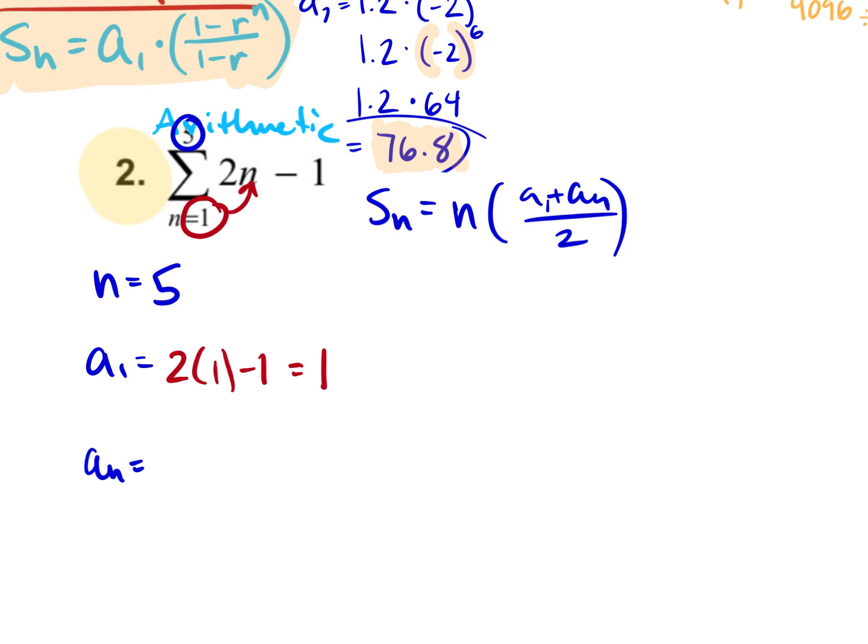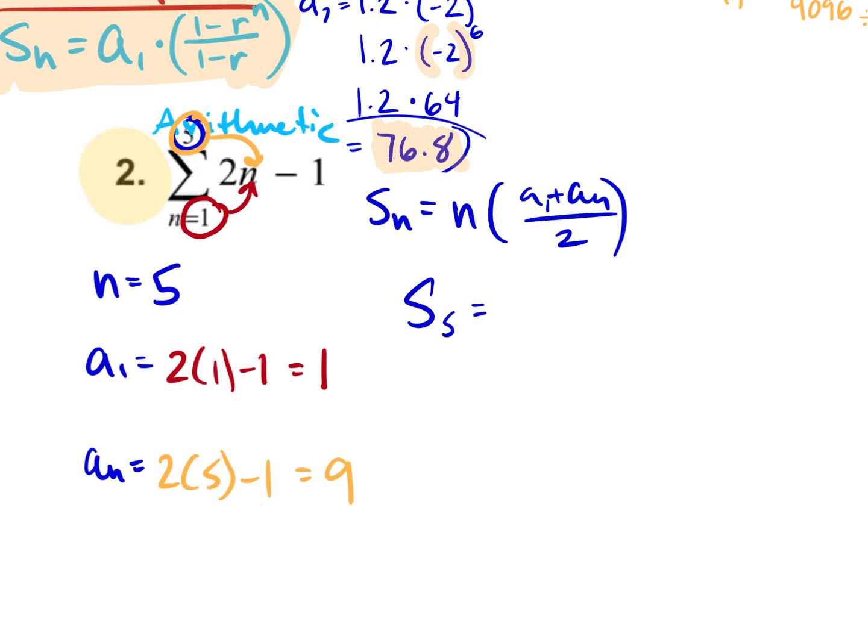And then how do we find a sub n? The 5 into the n. We plug 5 into the n. So we have 2 times 5 minus 1. 10 minus 1 would be 9. So let's plug it into our equation here.